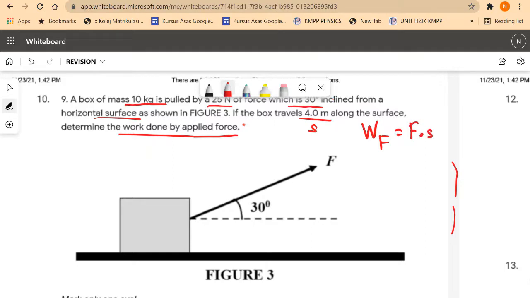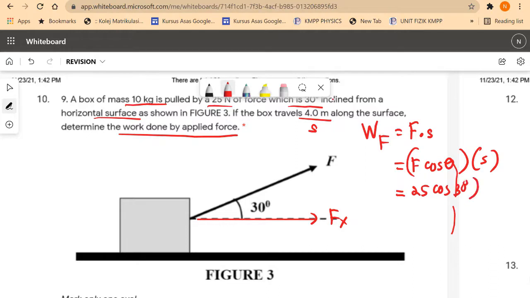Whenever you want to use this formula, make sure F is the component which is parallel to the displacement. So the F parallel to the displacement is this one, Fx. So it is F cos theta times S. Then you can substitute F is 25 and theta is 30 degrees and the displacement is 4.